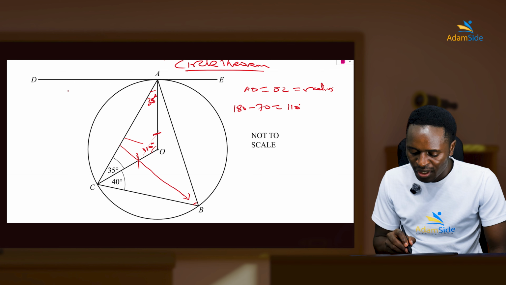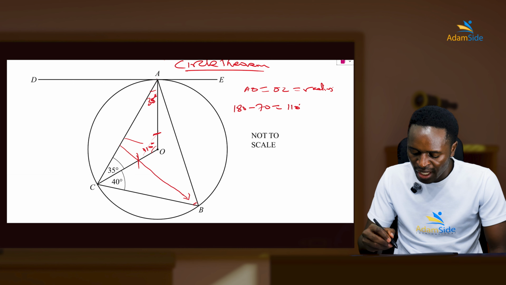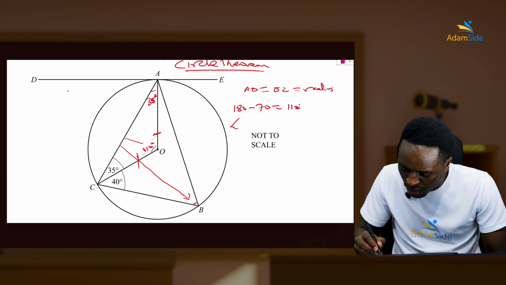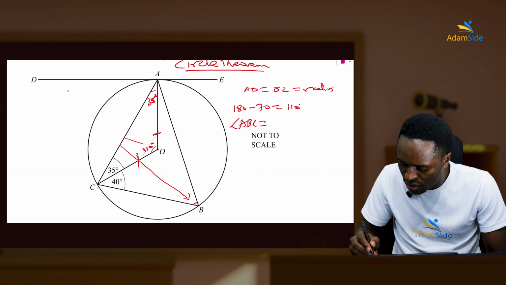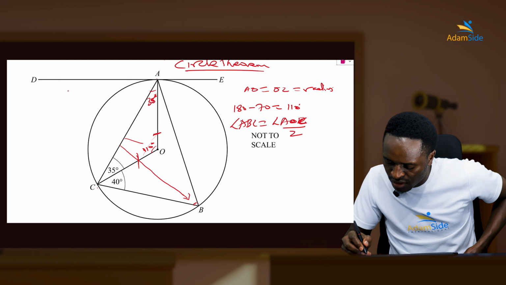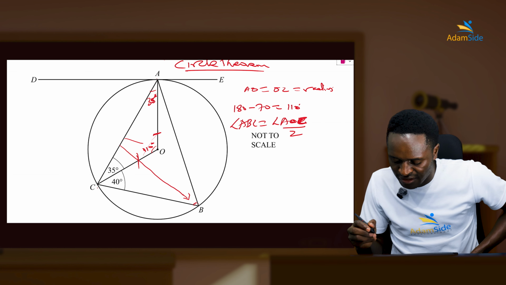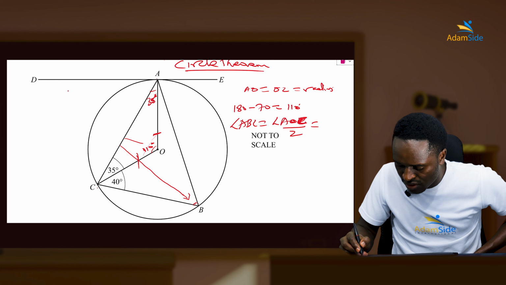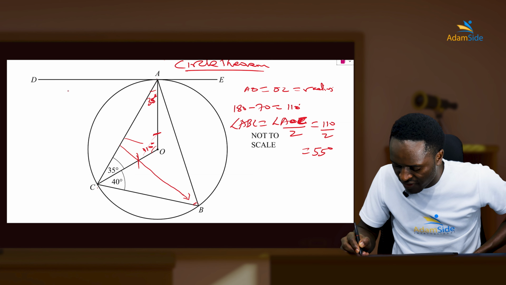So to get angle ABC, angle ABC is equal to angle AOC divided by 2. Correct.